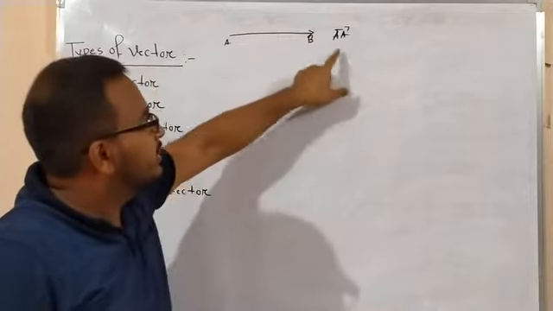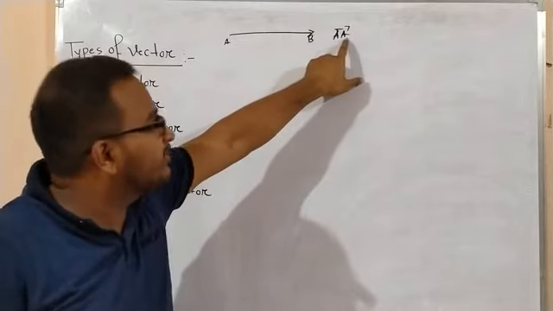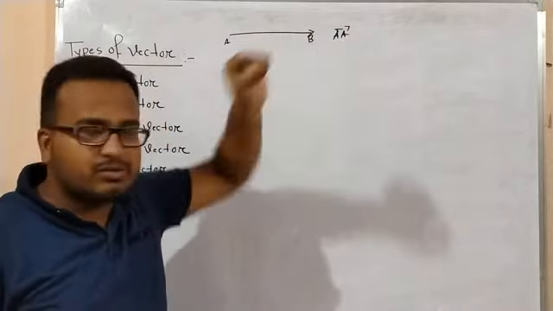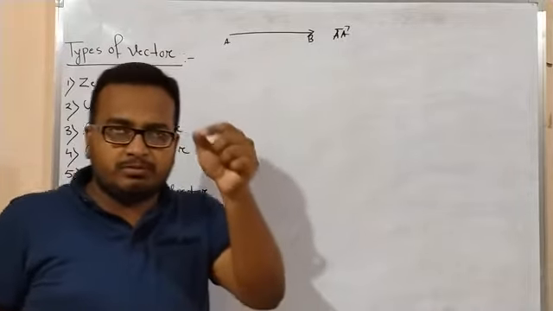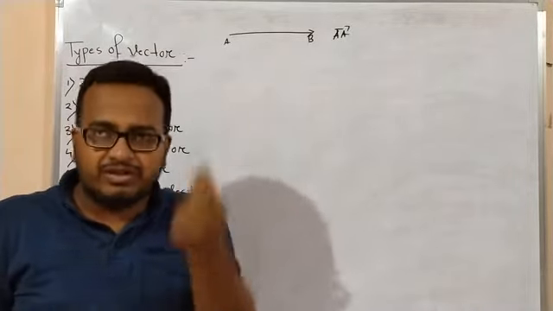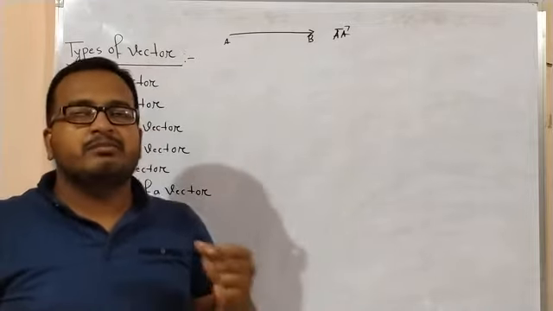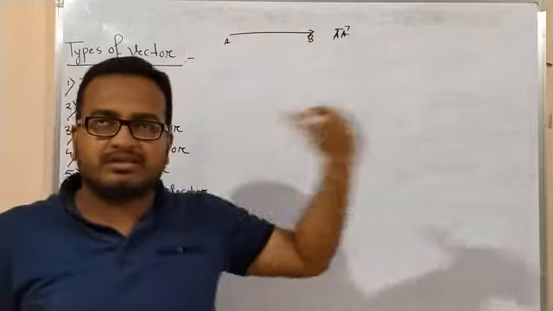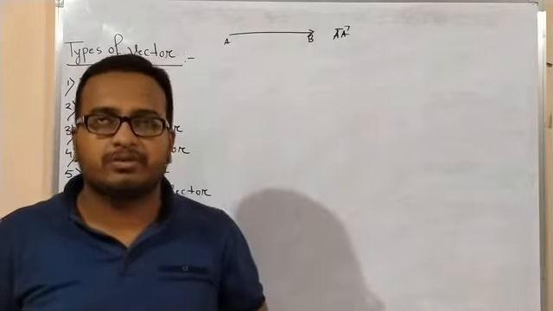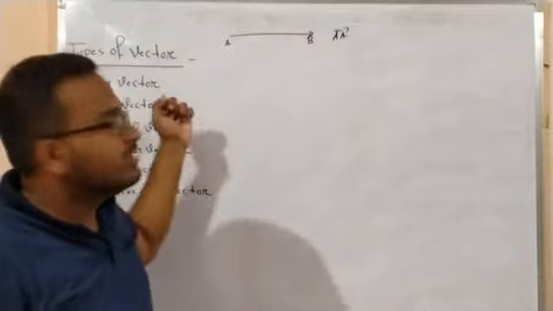Here your initial point is A, terminal point is A. So if both the initial point and terminal point are the same, then this type of vector is known as zero vector, because it has some direction but its magnitude is zero. That is why it is known as zero vector.